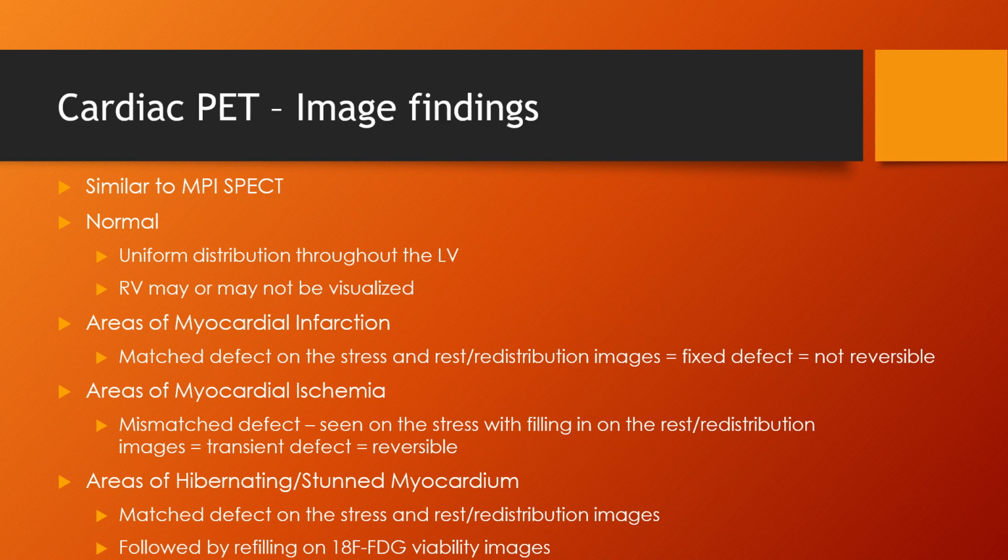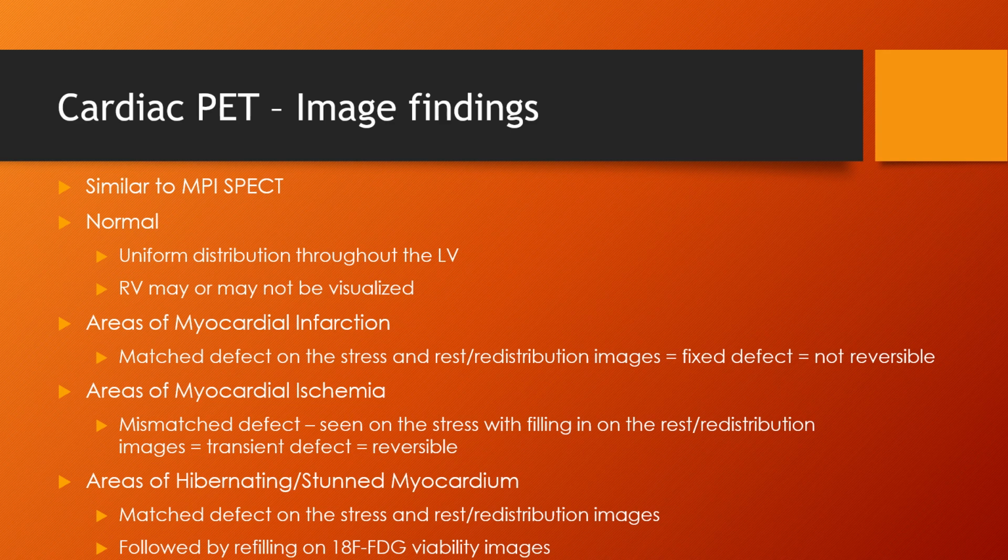But for cardiac PET, that really isn't the case because it's rubidium and we have really good, better imaging with PET imaging. It's normal to see the right ventricle, and so that's not something to be alarmed about if you see it on PET.